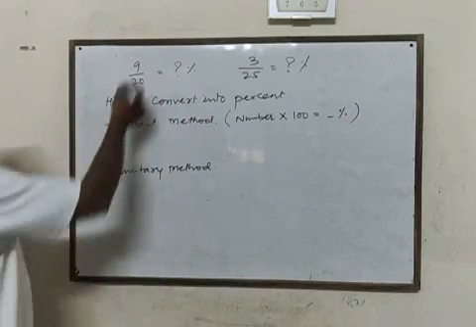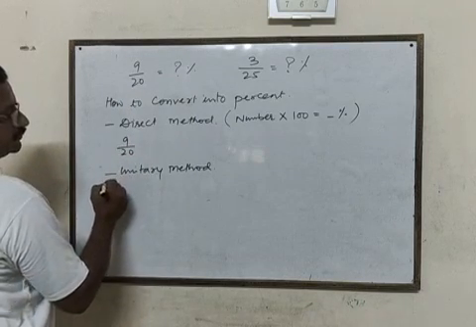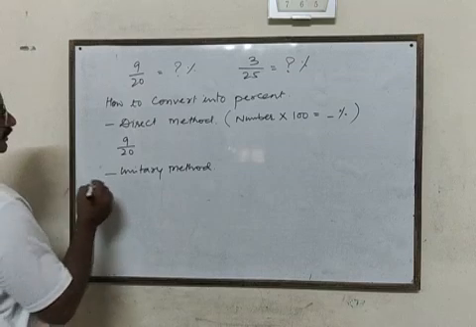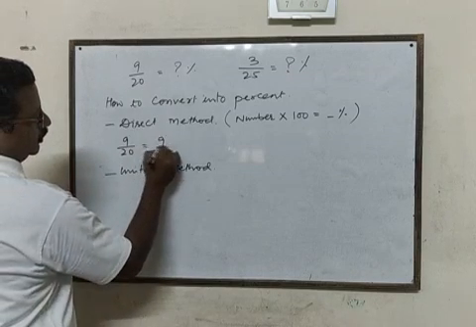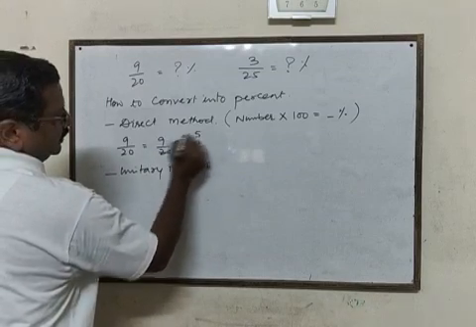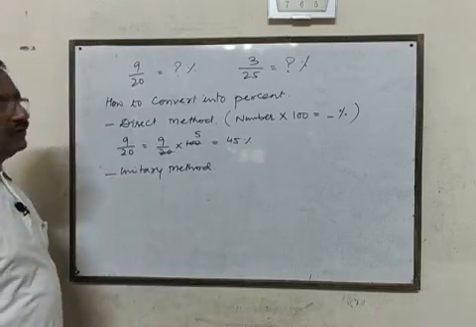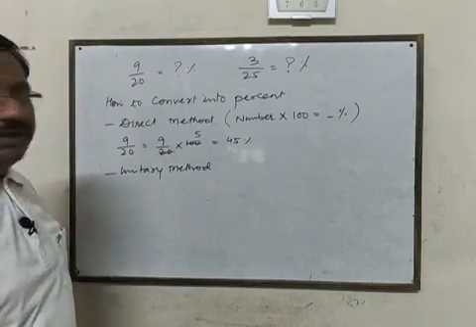For example, 9 upon 20, and you want to convert it into percent. This is equal to 9 upon 20 into 100. 20 fives are 100, 5 nines are 45%. Similarly, 3 upon 25 multiply 100.